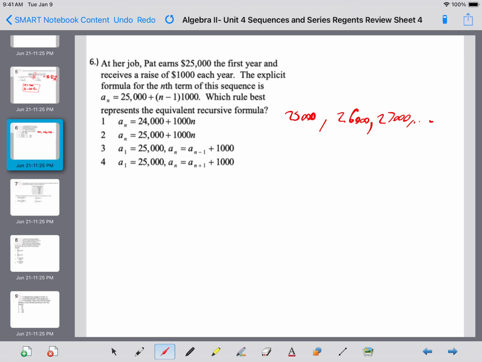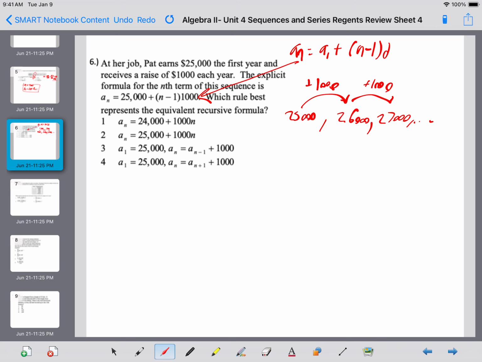The explicit formula for the nth term of this sequence is as follows. As you can see, it's arithmetic, right? Because you're going up by 1,000. And they used a sub n equals a sub 1 plus n minus 1 times d to create that formula.